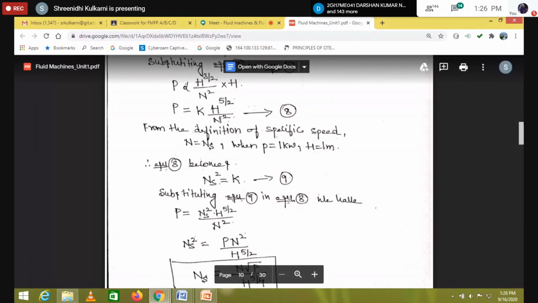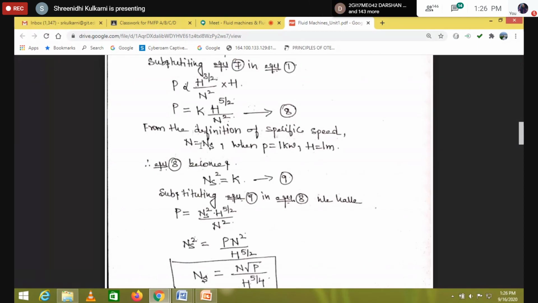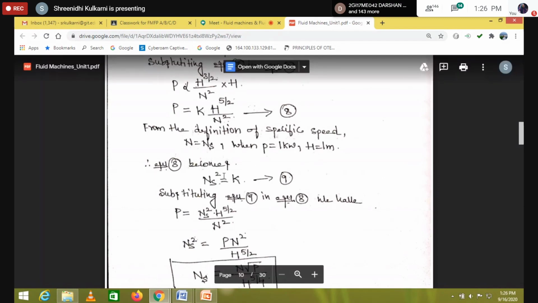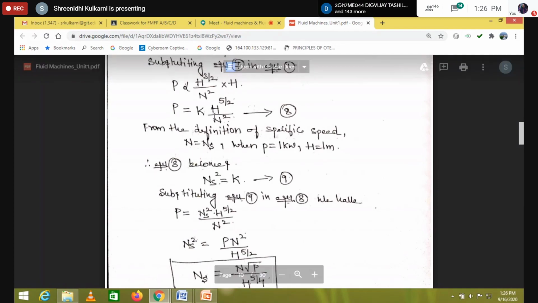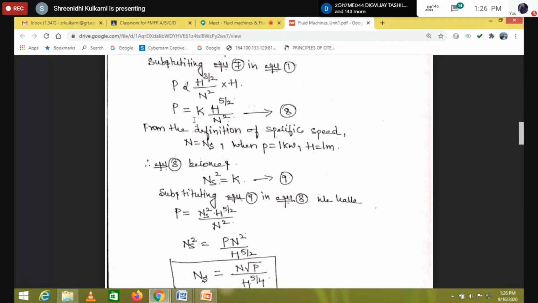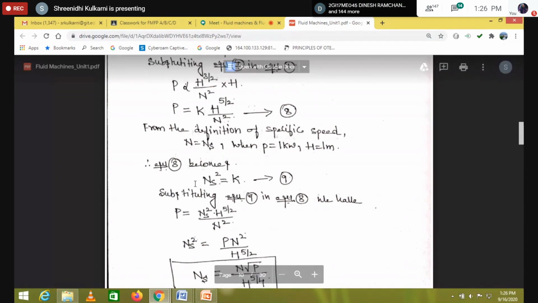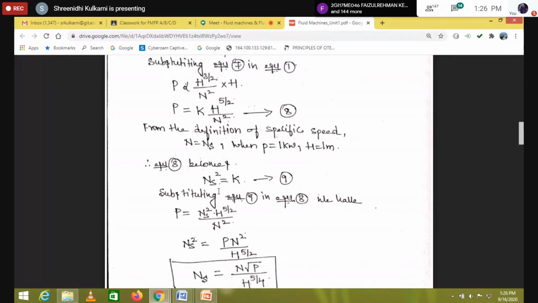Again, here we have N; instead of N, we can write the specific speed. By substituting this, we get Ns square is equal to K. As per the definition, equation 8 becomes K, because we want to know what K is. So Ns square is equal to K.